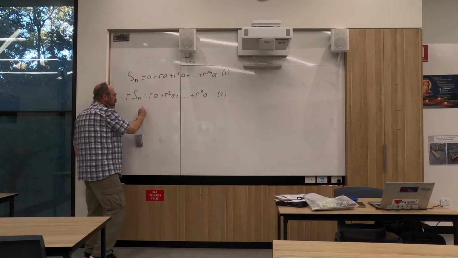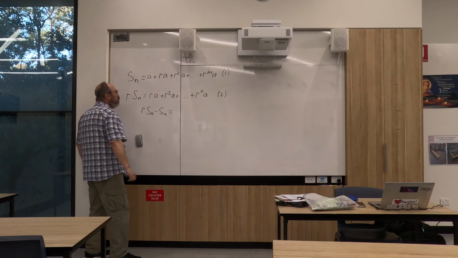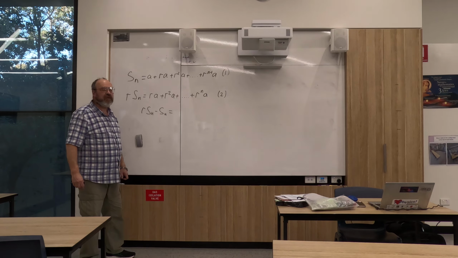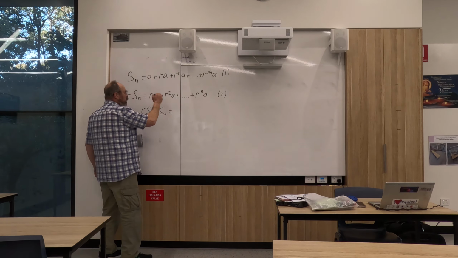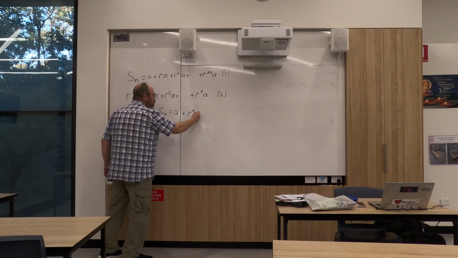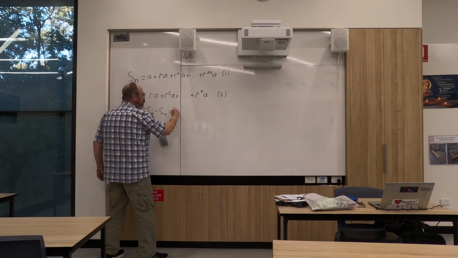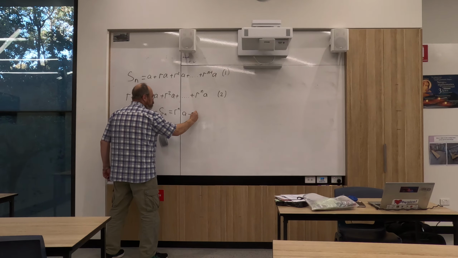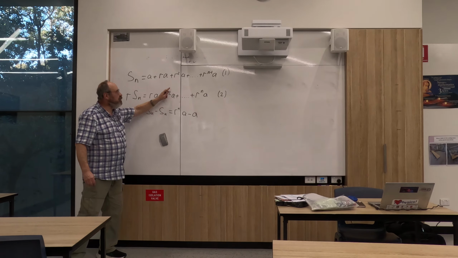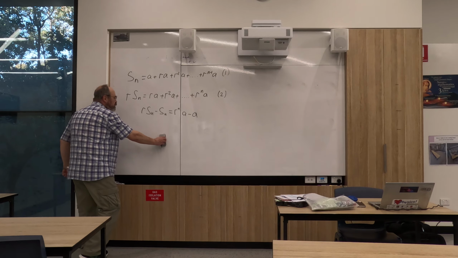So we will get R Sn minus Sn equals, all those terms will cancel out, except A times R to the power of n, minus A. Can you see, everything else cancels out when we subtract. Let's rearrange this formula for Sn.